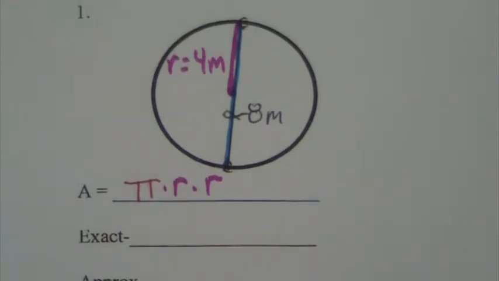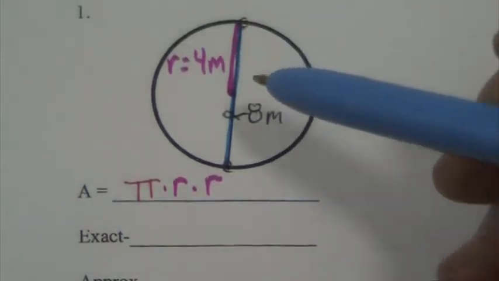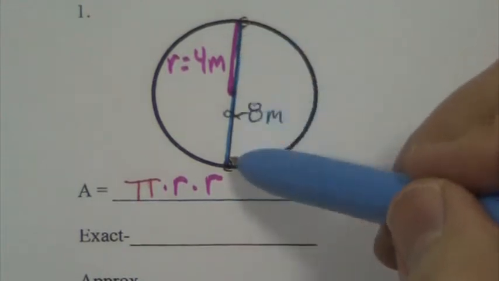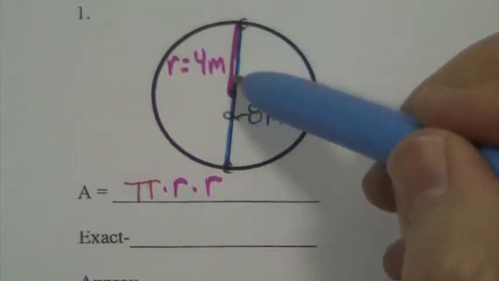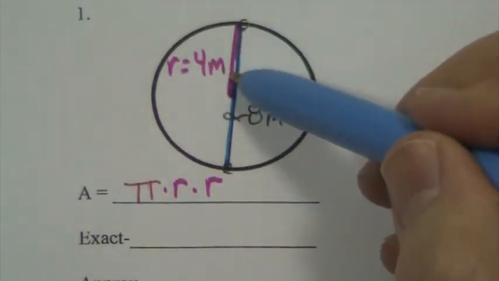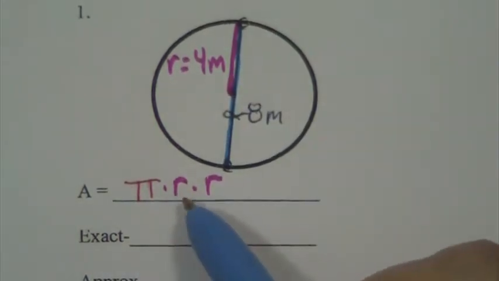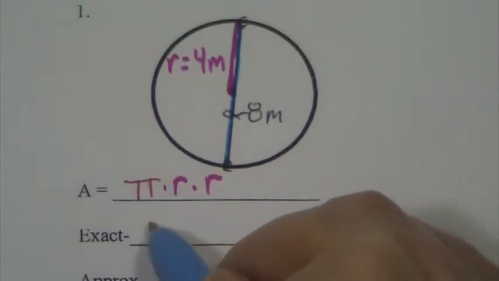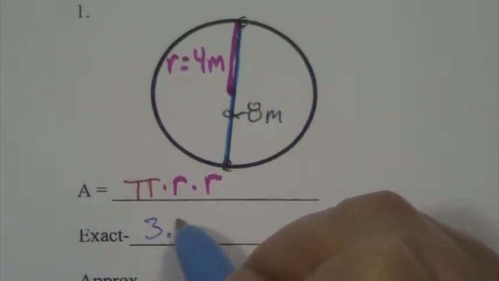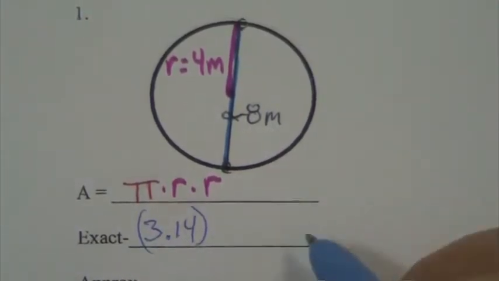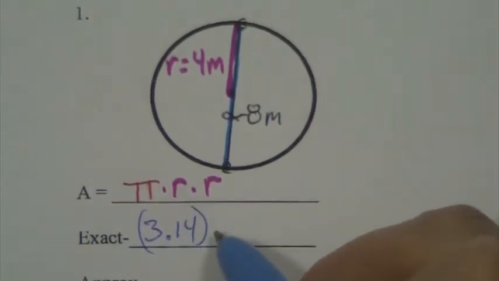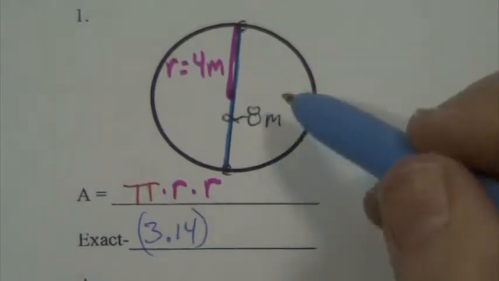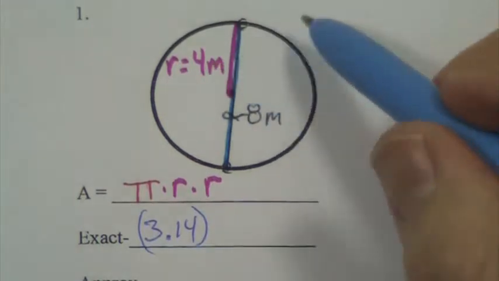We need to calculate two ways. Let me make sure this is clear. If diameter is 8, we only want the radius. The radius is 4. So we're going to take that twice. For exact, we're going to use pi as 3.14. Now all I have to do is multiply by the radius, 4 meters.